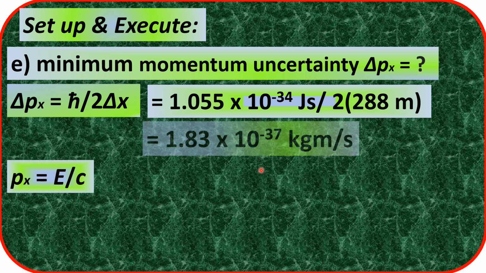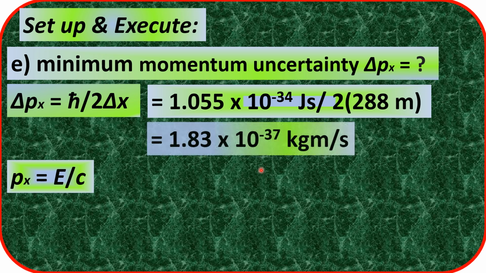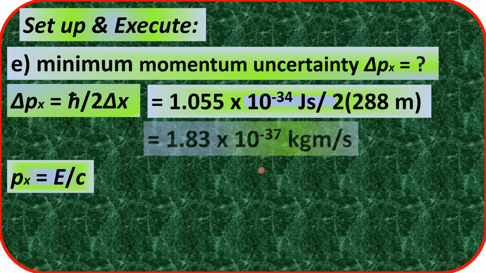We also calculate for the average momentum of a photon denoted by p sub x, right?